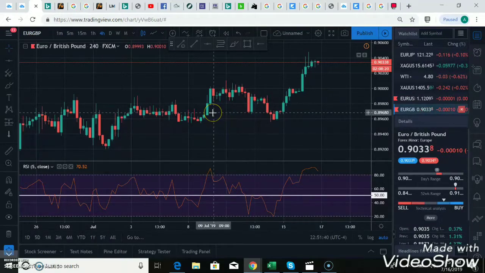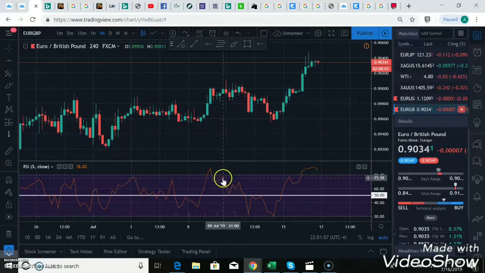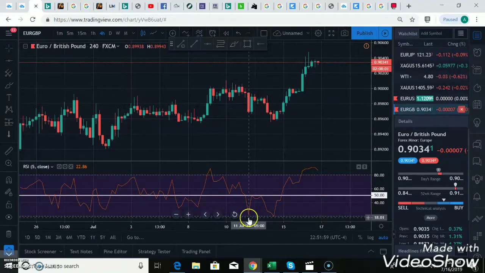So this would be 9 a.m. all the way to 5 p.m. It basically told you it was a sell. And right here, it said in the RSI when it touched the 20 that it should be a time to start buying.